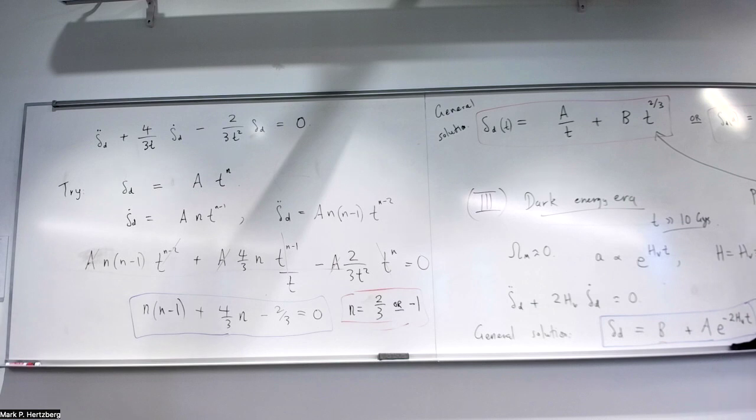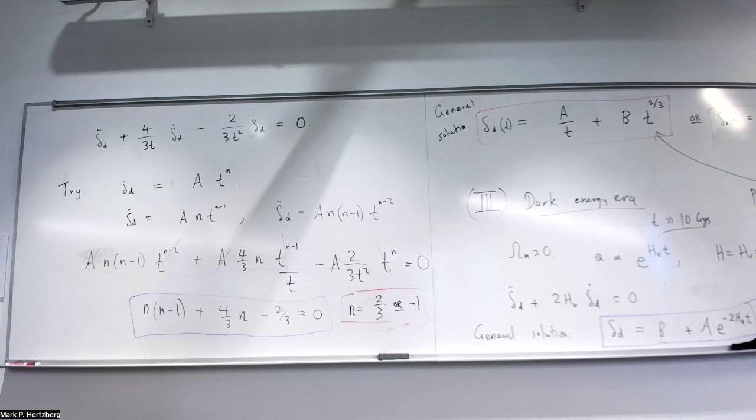Right, good. So maybe we should draw some pictures about that. I can either plot delta, which we've been drawing, and delta has a mean of 0 by definition.